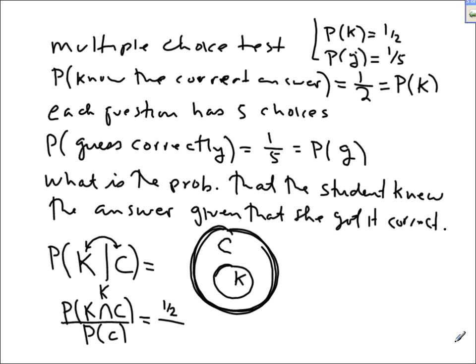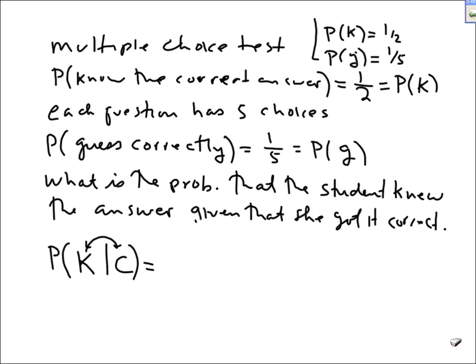But the probability that you're correct, we don't know that. Because you can be correct in two different ways. By guessing or by knowing. We don't know the probability of being correct.